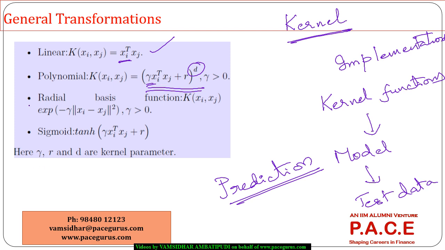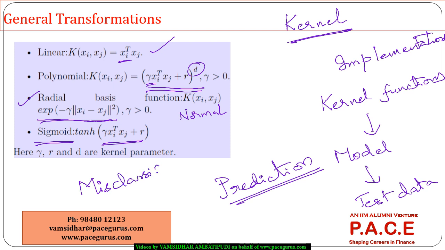Similarly, you could have a radial basis function, which is more similar to the assumptions of a normal distribution. Then you have a sigmoid kernel, which does a hyperbolic tangent transformation. Gamma, r, and different kinds of parameters are used in each of the transformations, but those parameters are determined based on the minimization of the error or the misclassification rate.